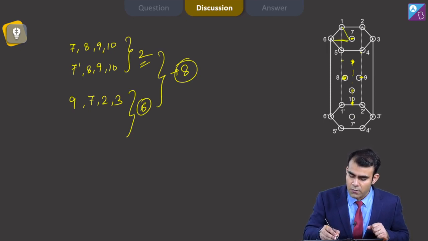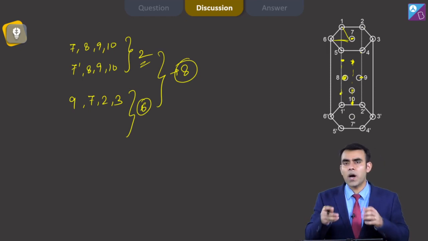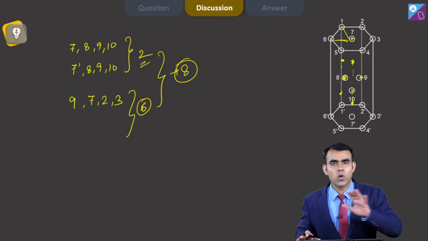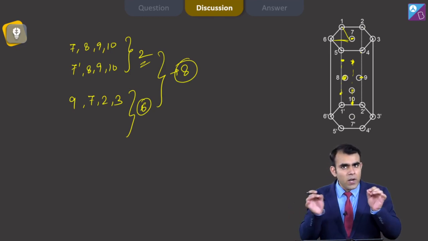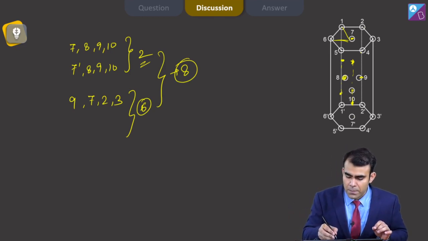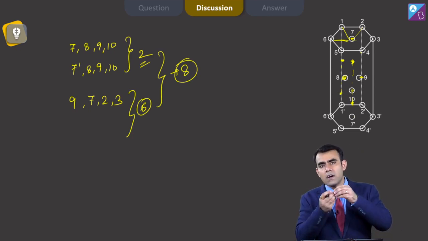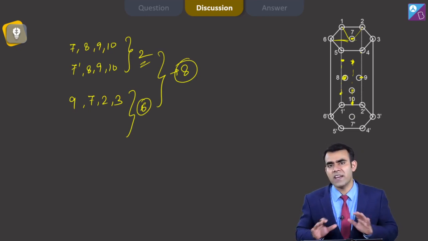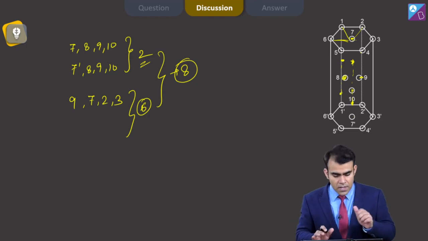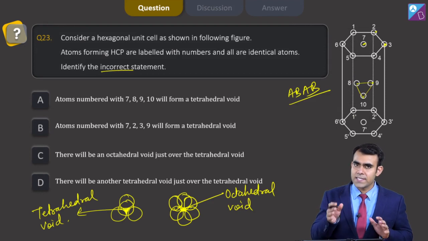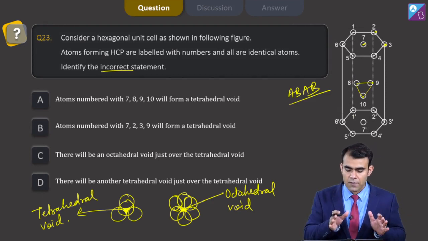So again these two are present on the line connecting them, but between these two tetrahedral voids there are no octahedral voids. Similarly, for octahedral, just take any 3 atoms above and any 3 atoms below, and you get an octahedral void, and above and below an octahedral void you will not find any tetrahedral void. Now let's look at the options. First option, we have seen this is a correct statement, but we have to look for the incorrect one.